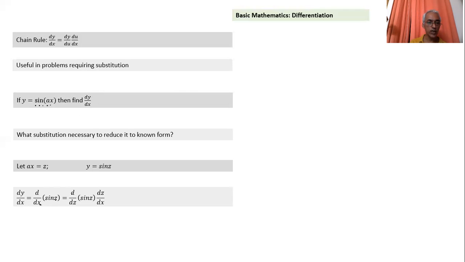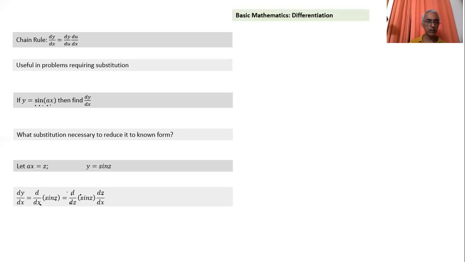So what we do here is make this d by dz of sine z and then dz by dx. So I have multiplied and divided by dz. Now this expression is a known form, and there's another expression here. That's where we use substitution, to reduce an expression into a known form by suitable substitution.